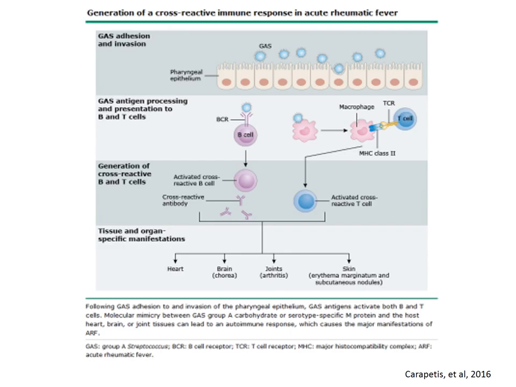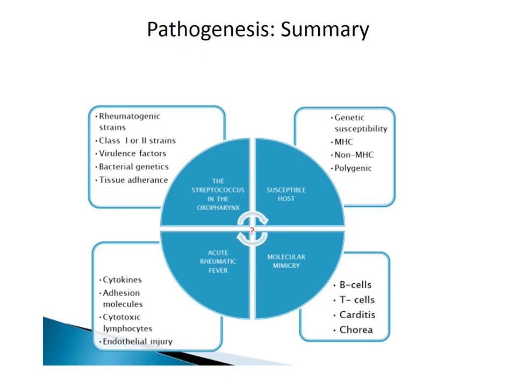This will cause changes and generation of cross-reactive B and T cells, which cross-react with tissues and parts of the heart, and this will cause the different manifestations of the disease, which attack the heart, the brain, the joints, and the skin. And of course, this is a very simple process, but it gives you how complex this situation is.